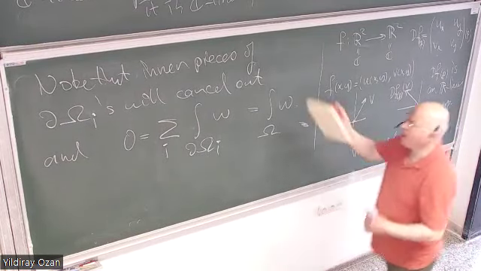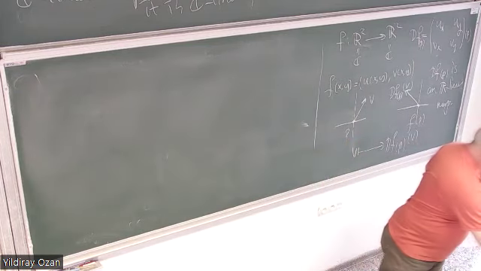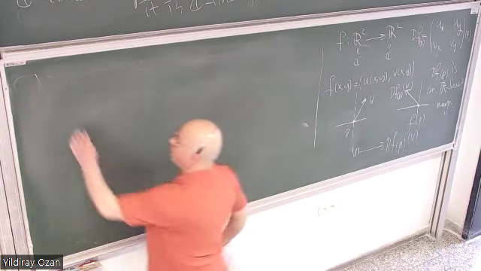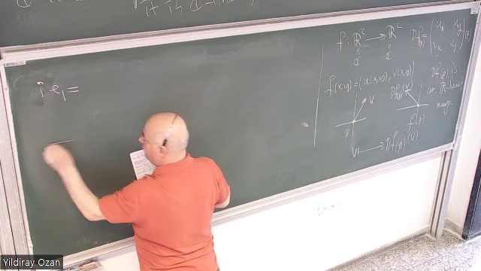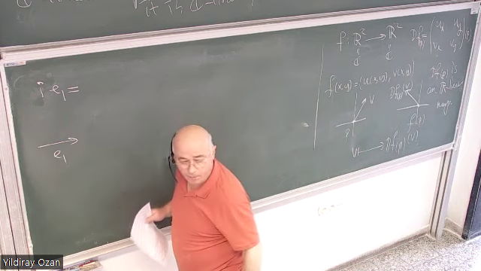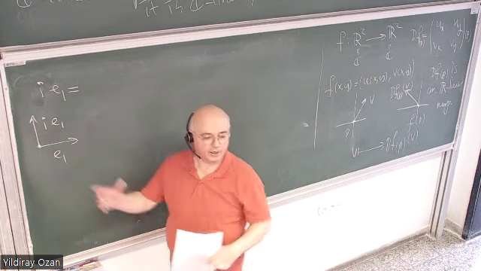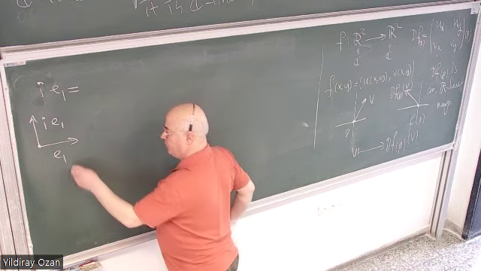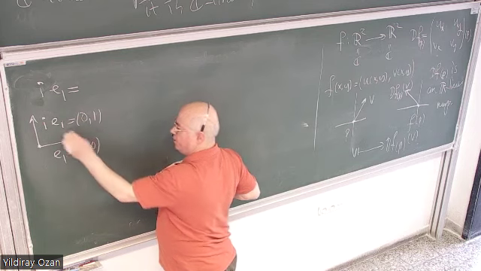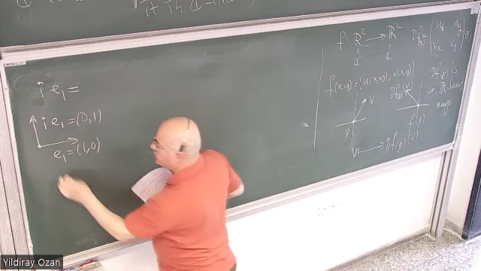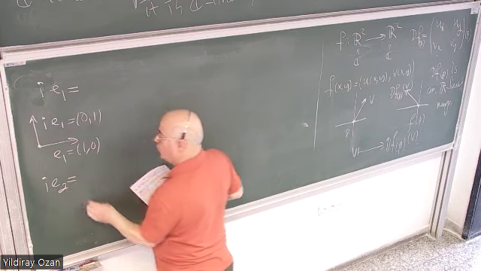You see, multiplying by i corresponds to what? Take the vector e1, which is (1, 0), and e2, which is (0, 1). If you multiply e1 by i, you just get e2. What about i times e2?